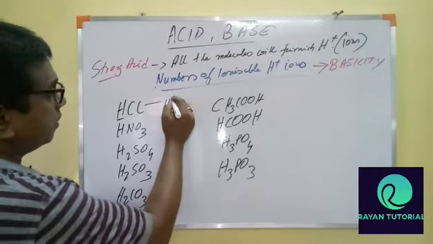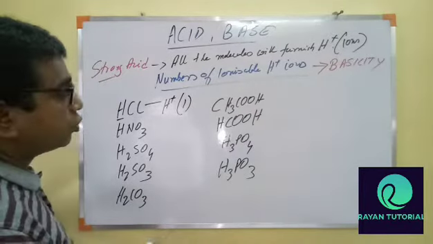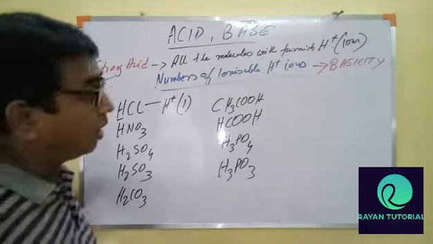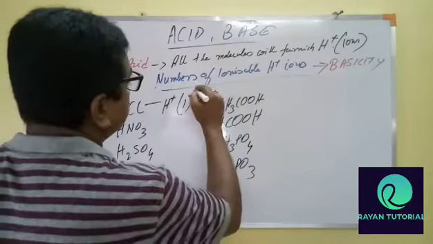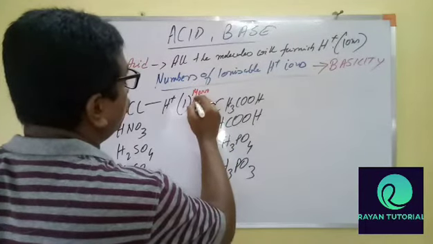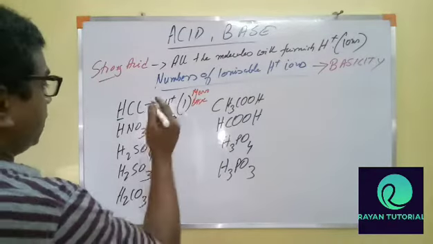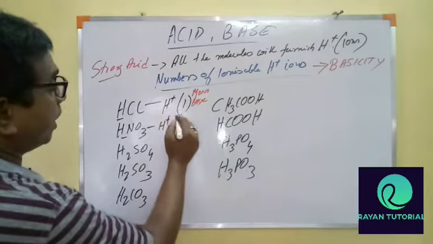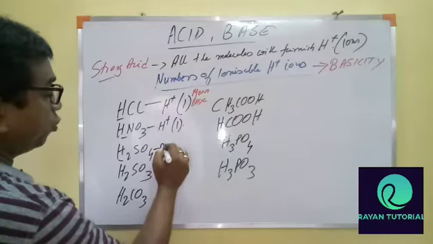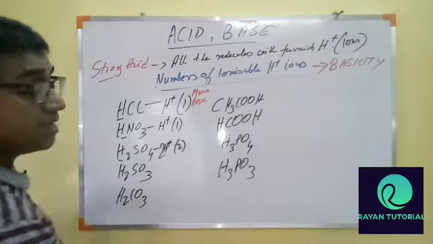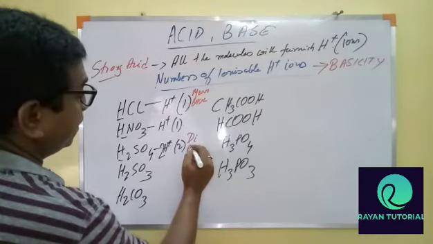Now if I ask you what is the basicity, see here one hydrogen, so there will be one hydrogen plus ion. That means the number of ionizable hydrogen ions is 1. So the basicity of HCl is 1, and we call this monobasic, because only one ion is displacing. HNO3 is also H plus, the same. H2SO4 has hydrogen 2, so it gives 2 hydrogen plus ions. So basicity is 2, called dibasic.